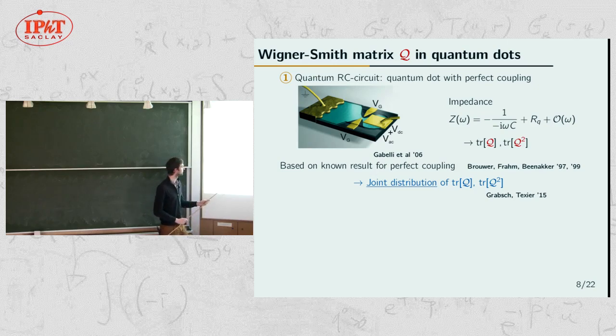This is a famous result by Brouwer, Frahm, and Beenakker at the end of the 90s. Now what I did towards the end of my PhD thesis was to extend this result to the case where you have not perfect coupling between the quantum dot and the outside.